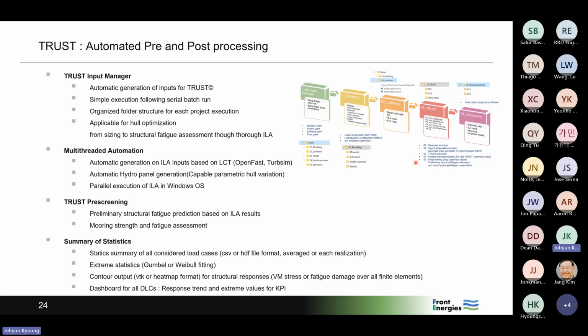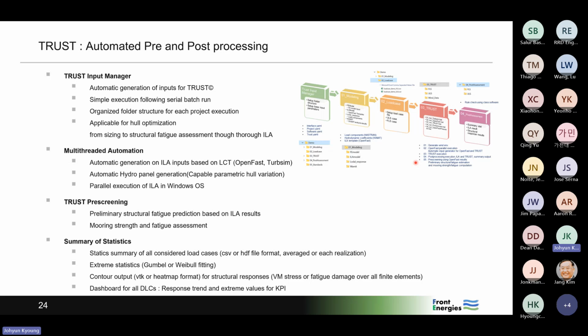And these TRUST tools provide some statistics. A floating offshore wind turbine has lots of design load cases. With the huge number of design load cases done, we need to summarize all the results statistically.